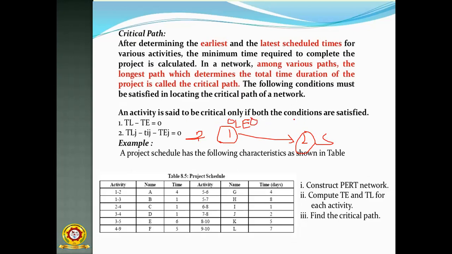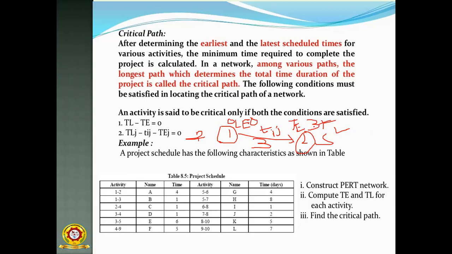Then TE and TL of this second event. Suppose this is Tij and the time is 3, then 0 plus 3 equal to 3. TL is the continuation.